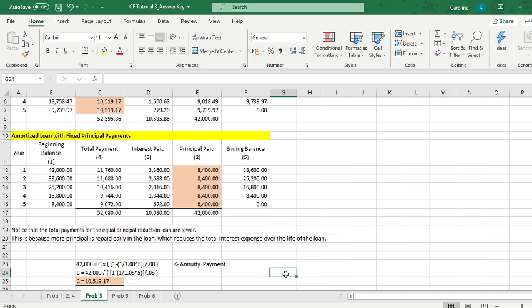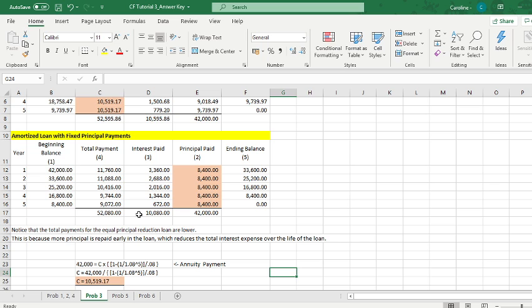Because this annuity payment allows you to find the cash flow that, if it is paid annually for 5 years, given the interest rate, will result in the worth of the $42,000.